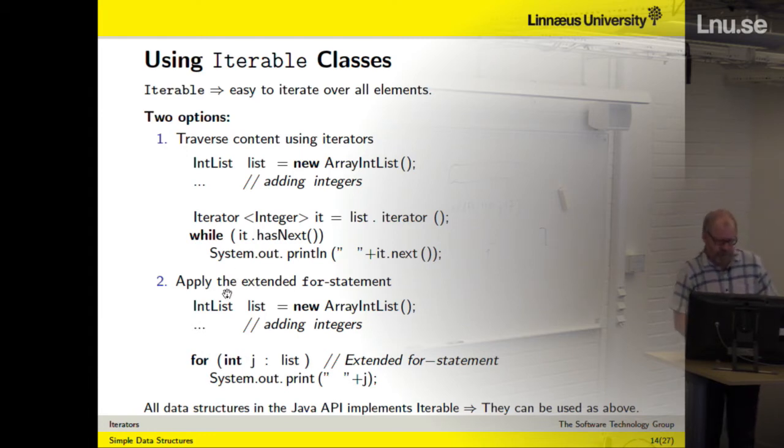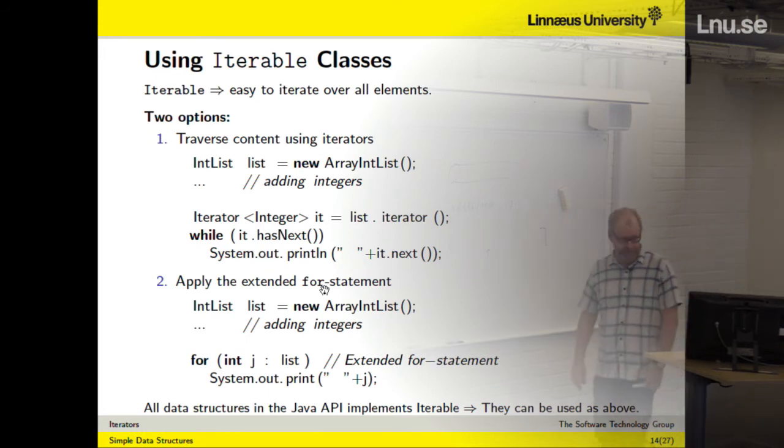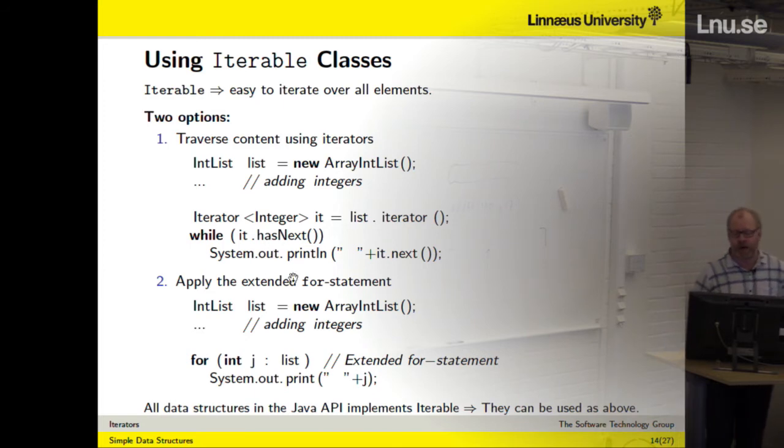Also, in the extended for statement, the for each statement, as some of you would prefer it to be named. If you have an iterator, you can use it in this simple approach. You can say, for all integers in the list, do something with the integers in the list.